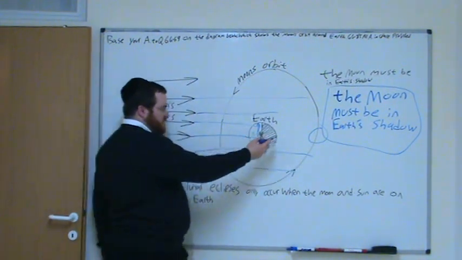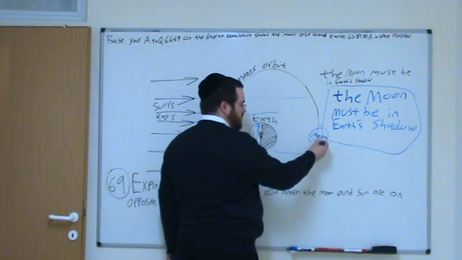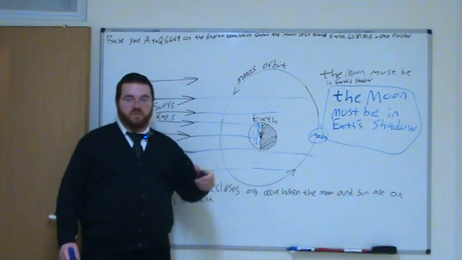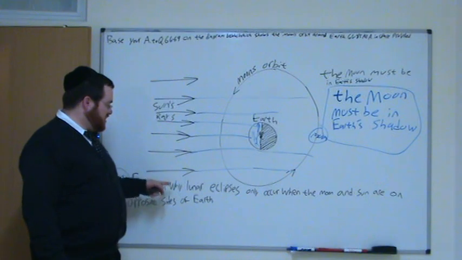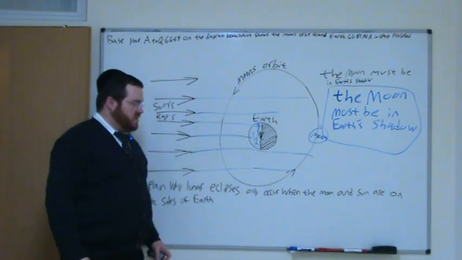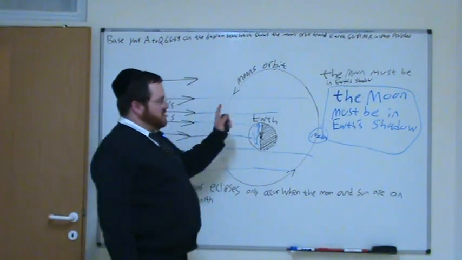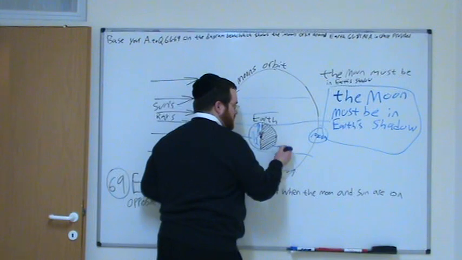This is the moon. So it's not getting any light from the sun because the Earth is in the way. So that will cause an eclipse. Again, it's because the moon must be in the Earth's shadow, which is over here. This is the Earth's shadow.